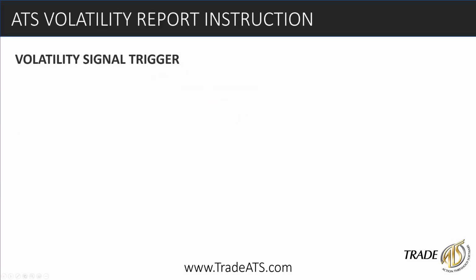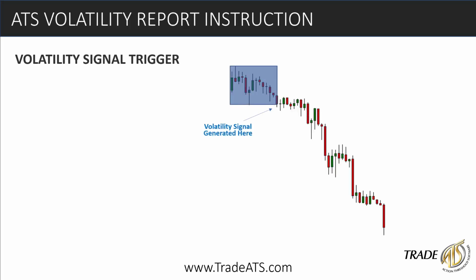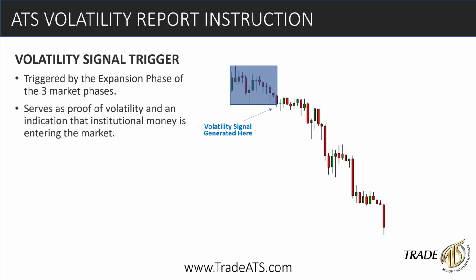So now I want to talk a little bit about the volatility signal triggers. How are these actually generated? Well, it starts with us understanding that the market has gone into what we call the expansion phase. This is the second phase of the 3 market phases. So when we know a market has confirmed that it is now in the expansion phase, that's where it all starts. This serves as a proof of volatility and an indication that institutional money is entering the market.